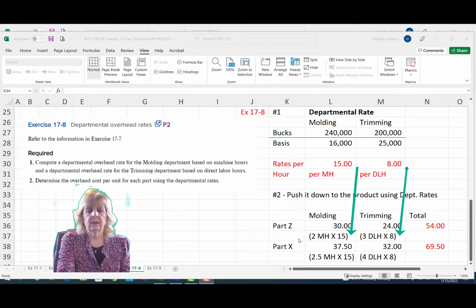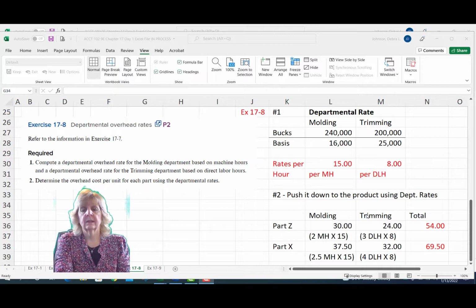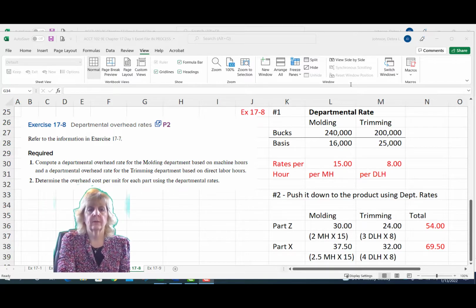So what you see on the last part of the calculation is the machine hours multiplied by the machine hour rate in molding, and the direct labor hours multiplied by that direct labor rate for trimming. Check out your answers and compare those to what you received in 17-7 when you use the more simple single plant-wide overhead rate.